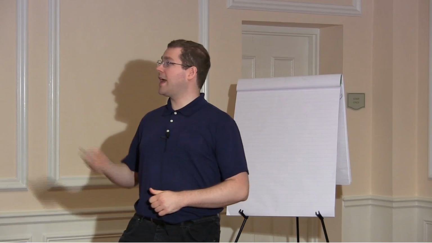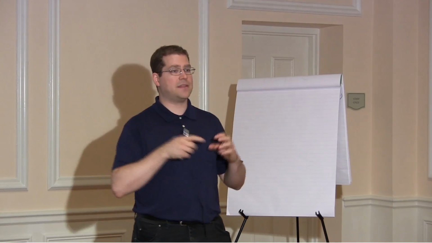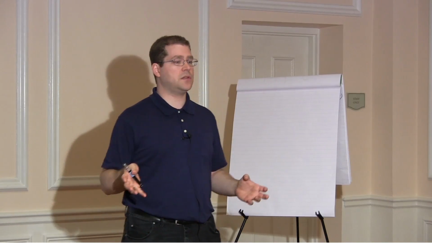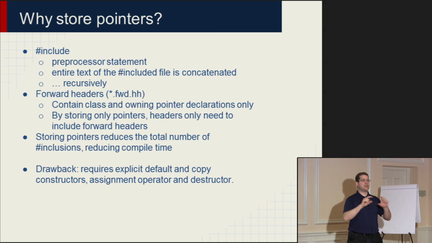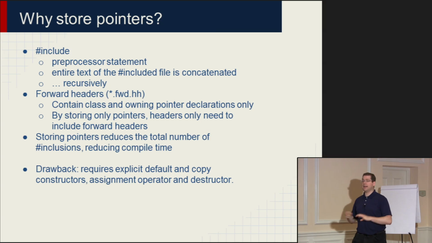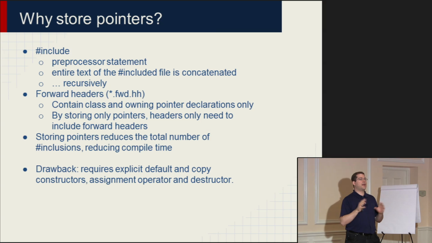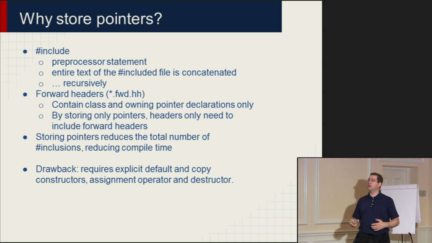All right. So forward headers are one of the ways we get around the fact that we have this large amount of includes. In the forward header, we contain a forward declaration of the class. This is just saying this class exists. It doesn't say anything about the contents of the class. Since we're not saying anything about the contents of the class, we don't have to include anything for any of the member variables or the return values or the parameters, et cetera, as you would in a regular header.